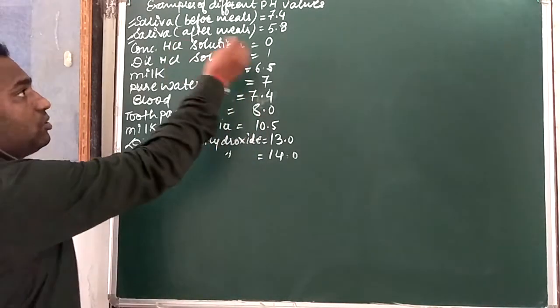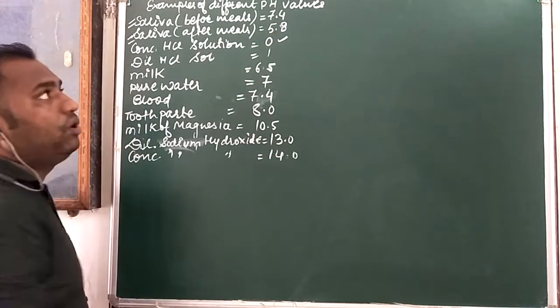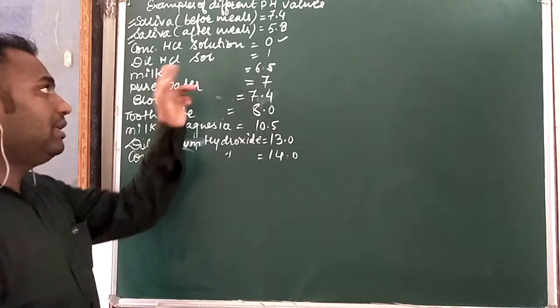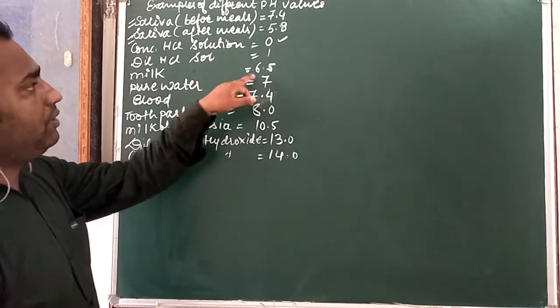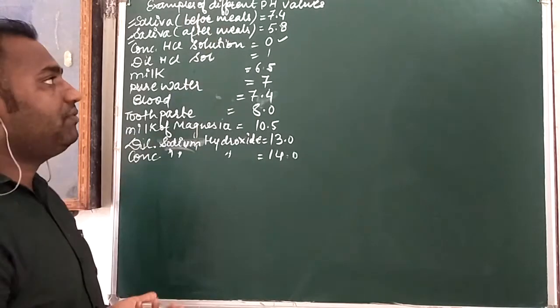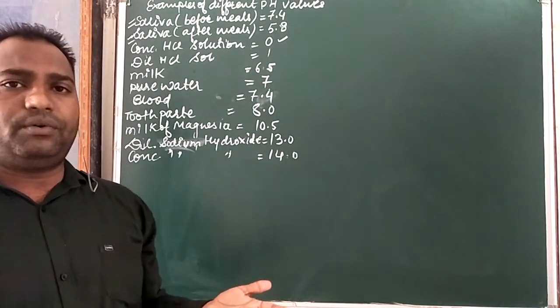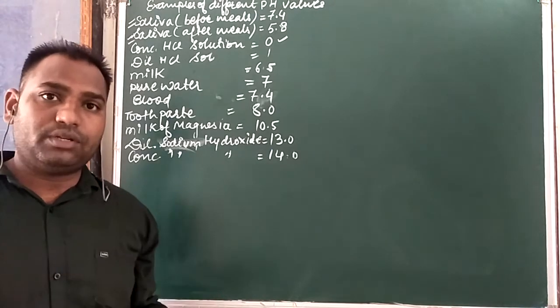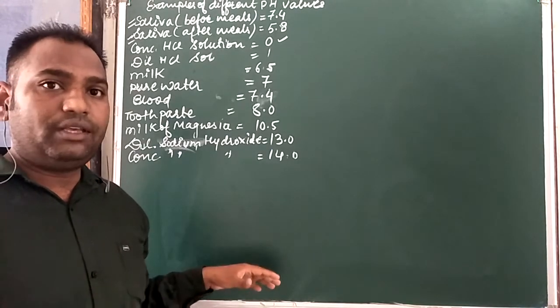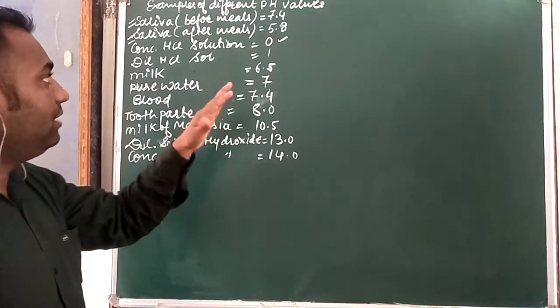Now concentrated HCl solution, you see the 0 pH value. Dilute HCl solution 1, and up to 6.5, in between there are many different values, like acetic acid about 4 or 4.5, tomatoes, lemon, coffee, and many others.